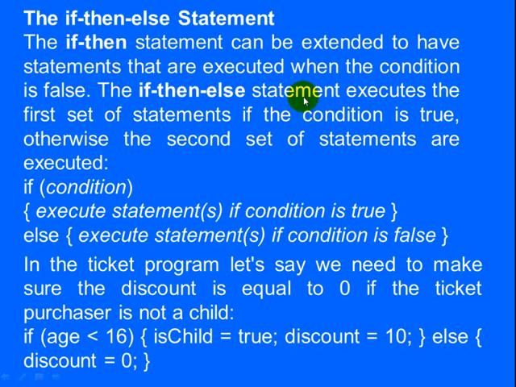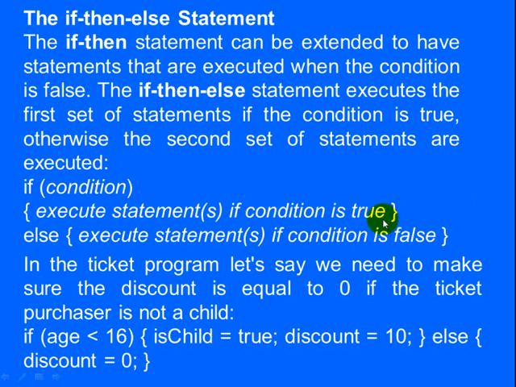If then else statement executes the first set of statements if the condition is true. Otherwise, the second set of statements is executed. The syntax is if condition, then the first set of statements that need to be executed, a block of statements we can say, which is put under these curly brackets.